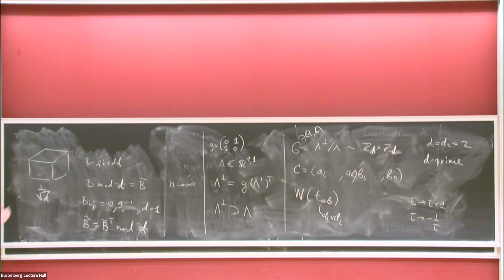If D is very, very large, I have a very, very small cube, so the excitations of the Laplacian will be highly energetic. The momenta of my scalar field will be highly energetic. That's good because I want a large spectral gap. I want all states to be very, very energetic.